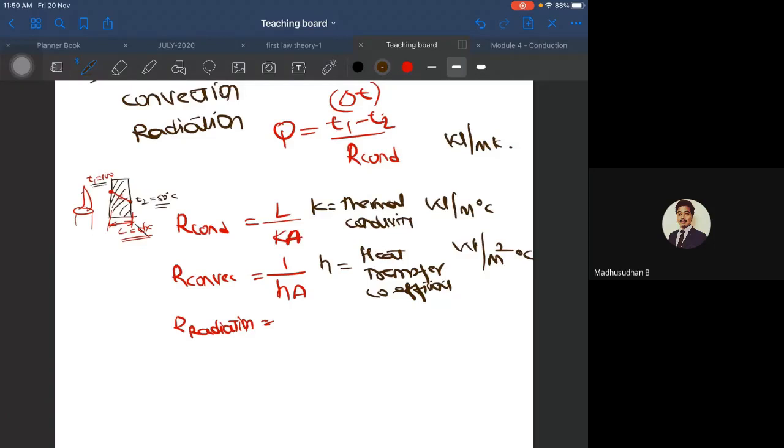Now, coming to the resistance of radiation. What is the resistance offered in case of radiation heat transfer? Download the notes from the Google Classroom, look into it, and give me the answers.